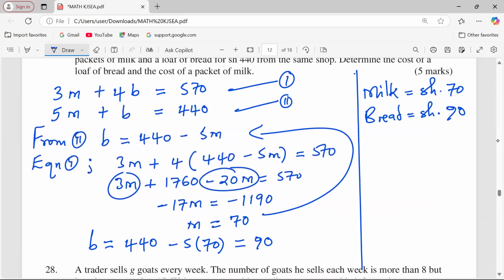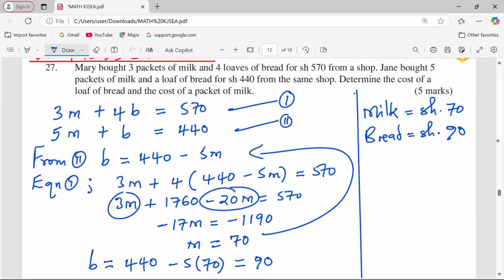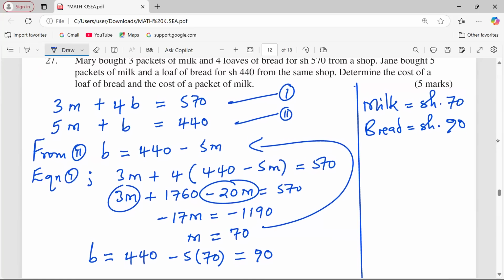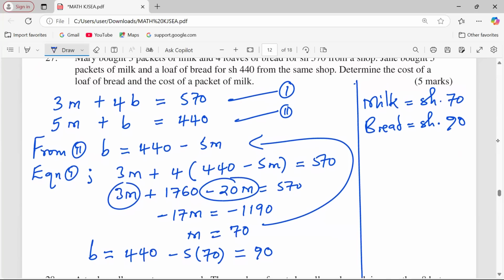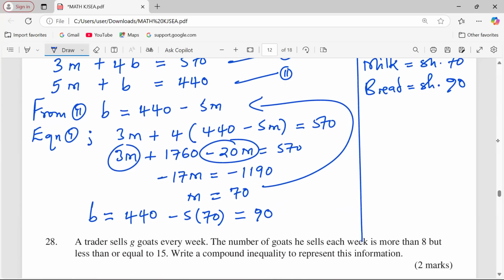So we work out the simultaneous equations to get the price of each commodity. I have applied the substitution method. Learners can also work out the same problem using the elimination method.